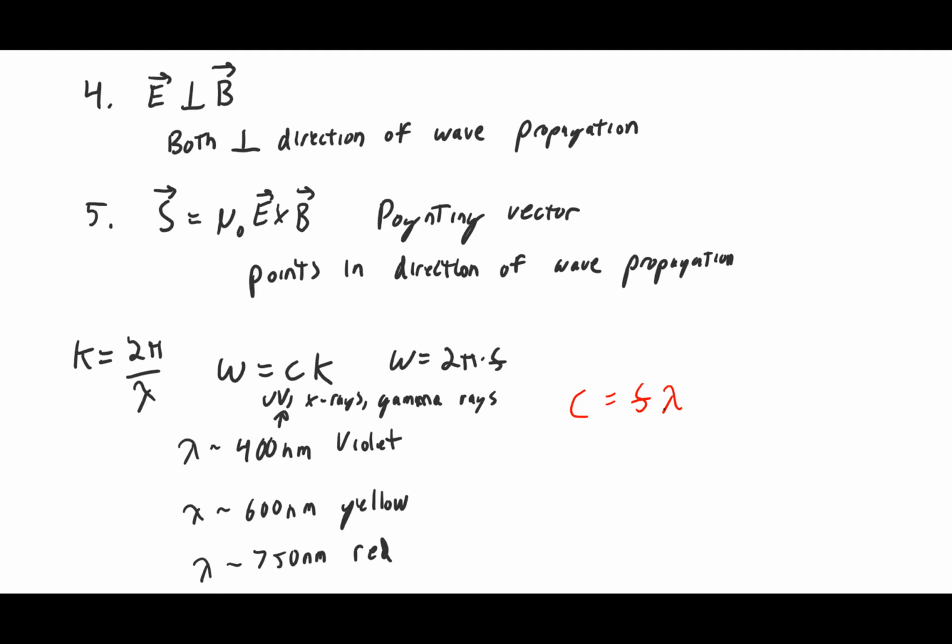What we think about as visible light has wavelengths in the 400 to 700 nanometer range. If I have shorter wavelengths, that takes me up into ultraviolet light, X-rays, gamma rays. If I have longer wavelengths, that gets me into infrared, microwaves, radio waves, stuff like that.